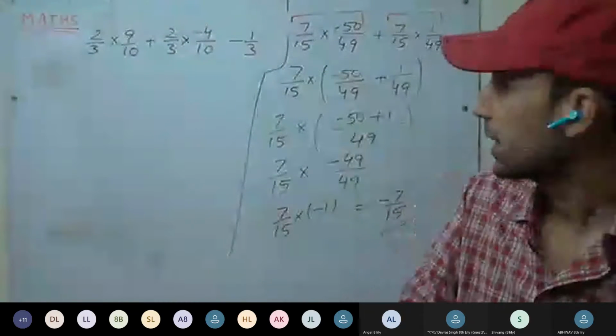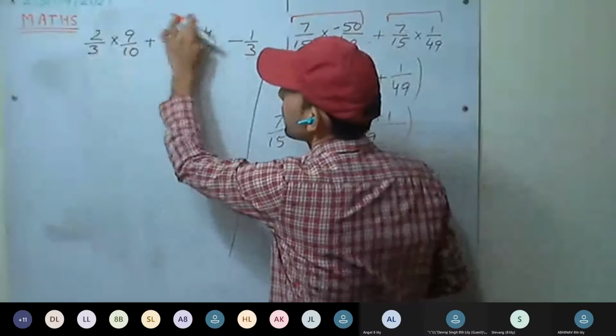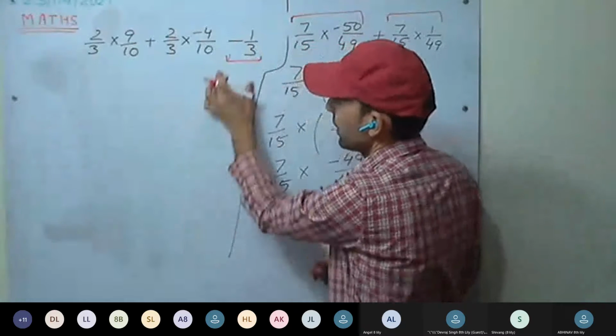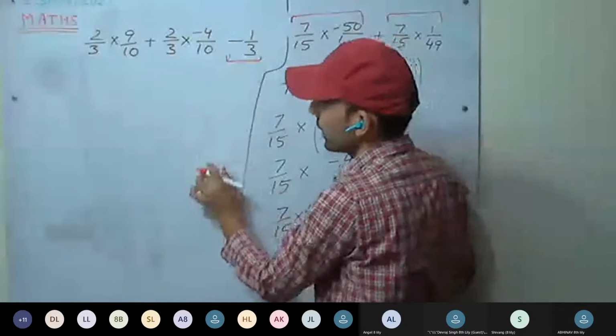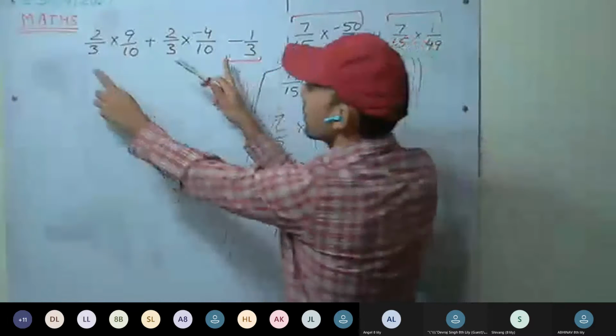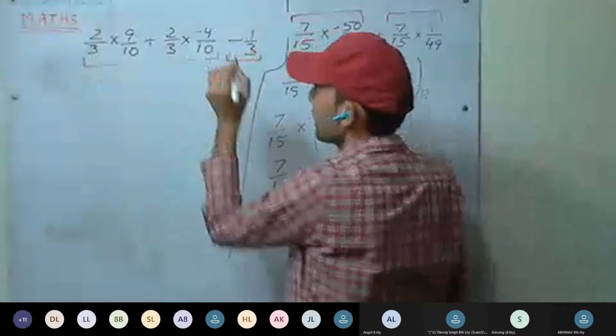So here we can see we can apply distributive. This we can apply. So keep it on the side. Okay. In extra you keep it. At last solve this one. On this we can apply distributive property.